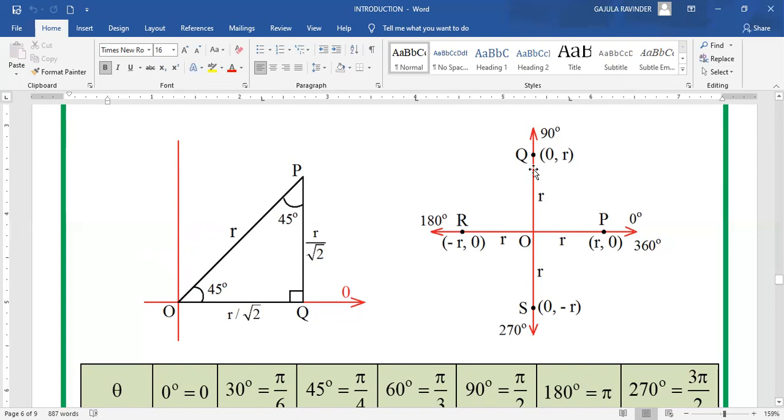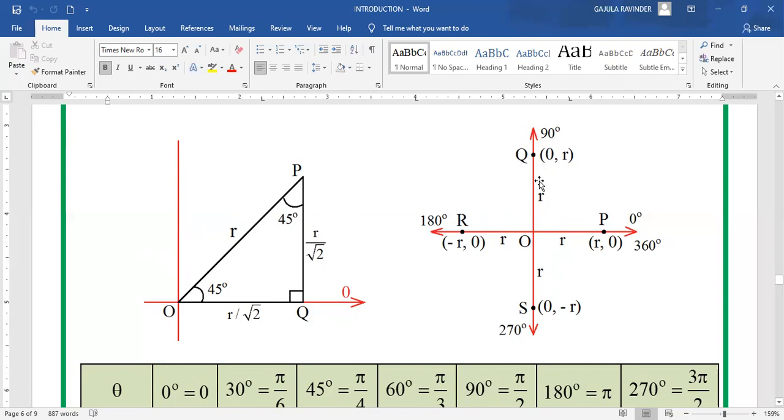Similarly, dear friends, to define the ratios of 90 degrees, consider one point q at the distance r from the origin. Then define all the trigonometric ratios according to the definitions. Those ratios sometimes may be undefined, getting 0 in the denominator.